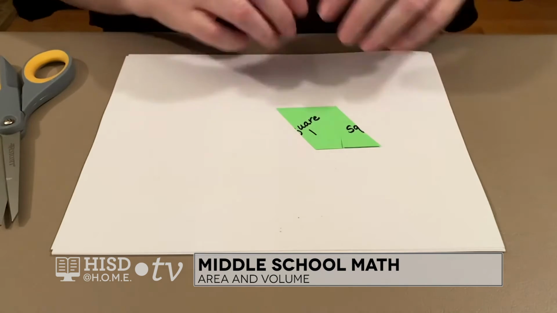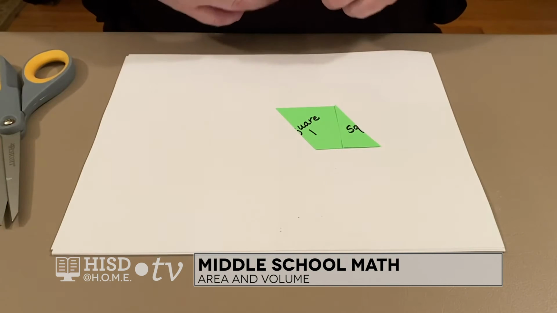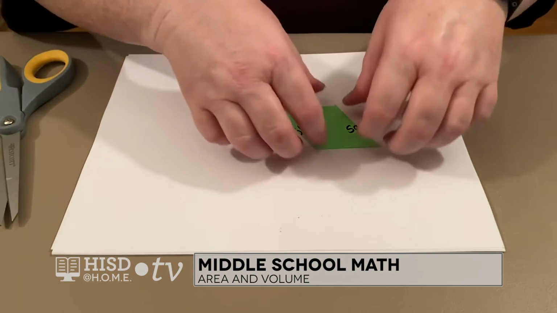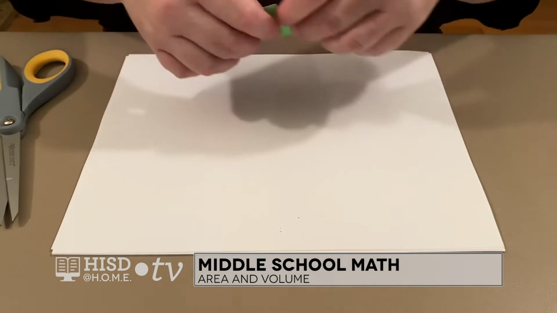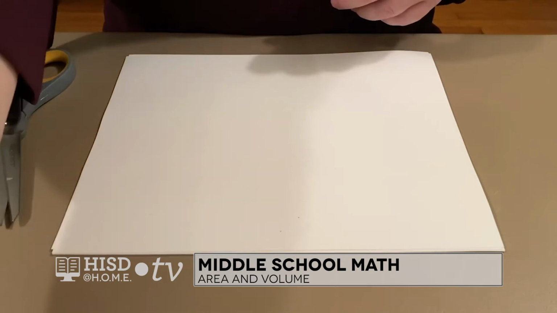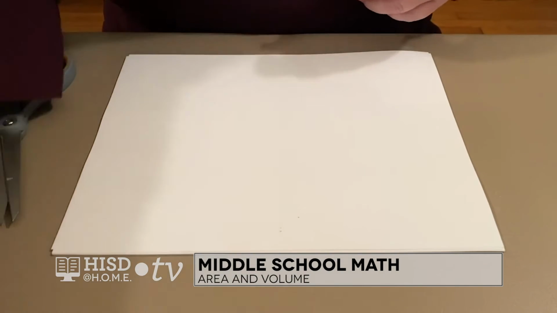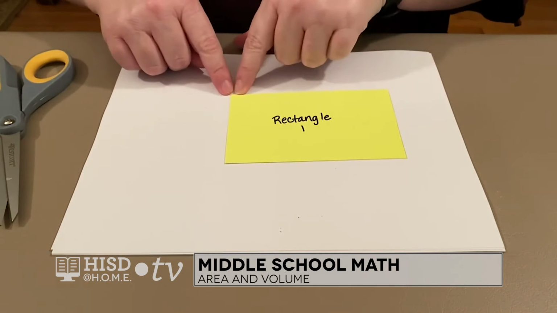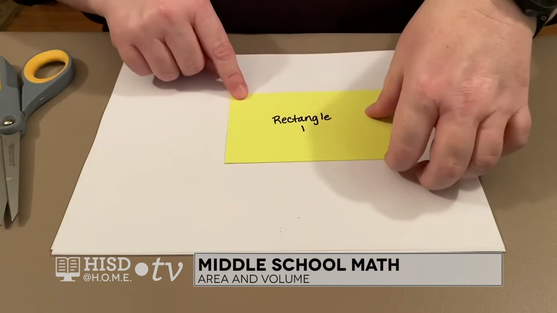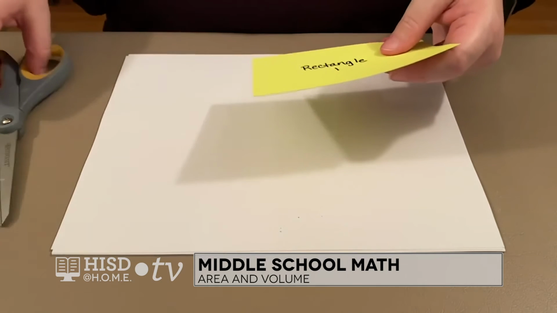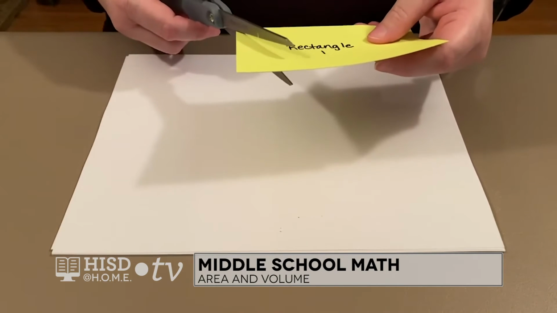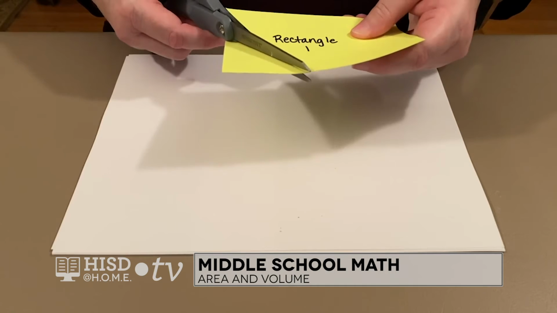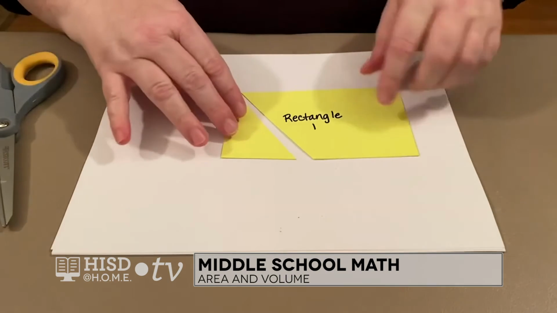And we ask you to repeat the process with a rectangle. So again, if you start out with a rectangle, and I'll model that for you, we're asking you to cut from a vertex, from one of the points, to the other side. So I'm going to cut just to my other side, anywhere, doesn't matter.